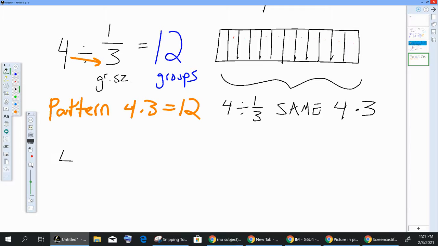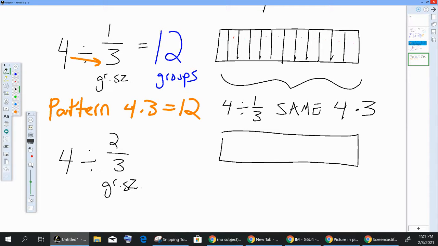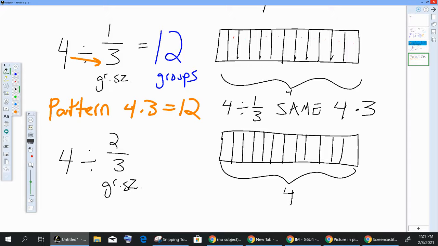Right? So now we're doing 4 divided by 2/3. Again, 2/3 is a group size. And so what I'm seeing is that 2/3 is twice as much as 1/3. So if I have this tape diagram of 4 full units, I break it up first into 4, and then into thirds, and then I figure out the group size is 2/3.